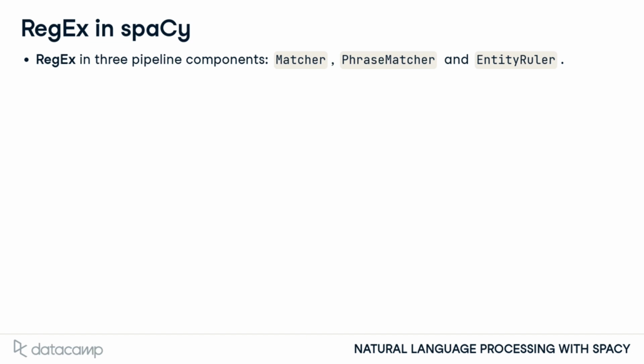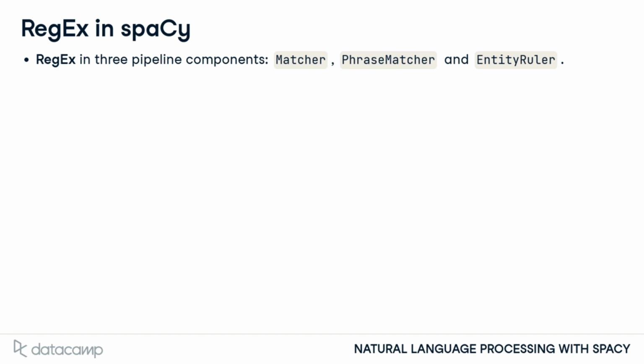spaCy has quick ways to implement regex in 3 pipes: matcher, phrase matcher, and entity ruler. Matcher and phrase matcher do not align the match patterns as entities in doc.ents. For this reason, we utilize the entity ruler to implement regular expressions. We have already learned to use the entity ruler to improve entity recognition accuracy in spaCy.